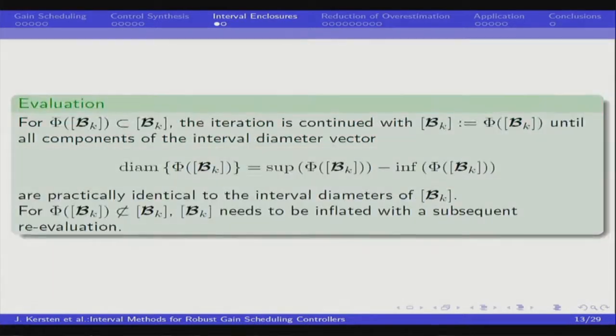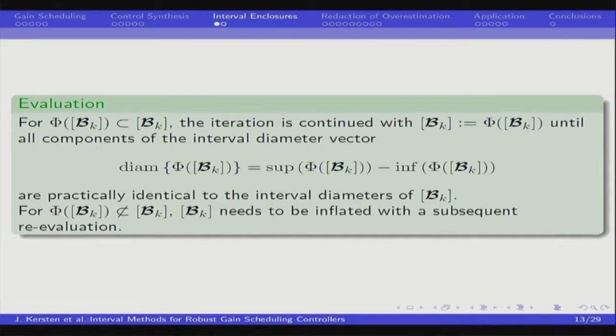So if the new phi is included in the previous bounding box, the iteration is continued until all components of the interval diameter vector are practically identical to the interval diameters of the first bounding box.